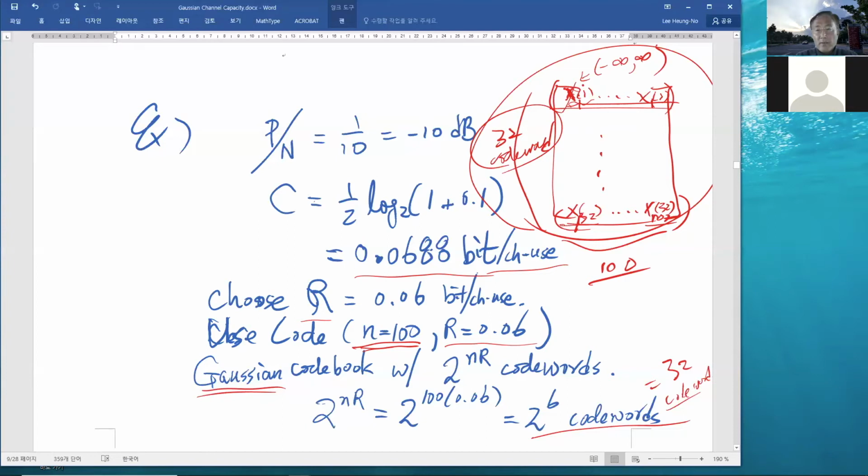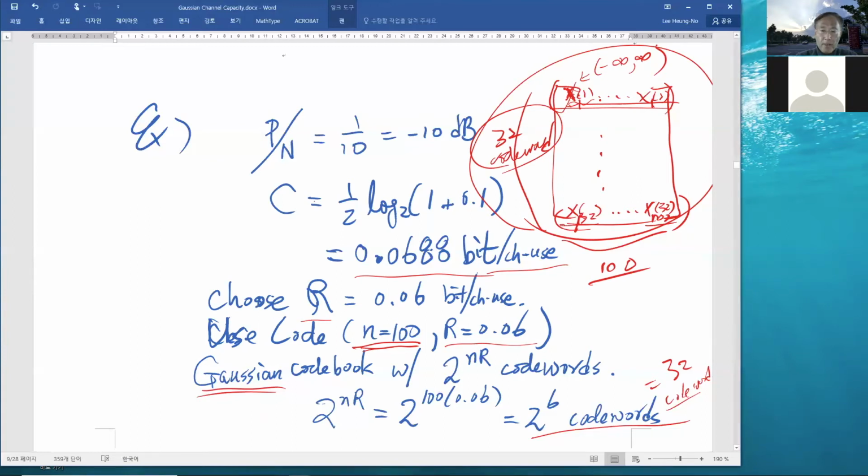You select these code words randomly, by selecting each element from the Gaussian distribution. So that's the random codebook. Why do you have to use a random codebook? If you use a random codebook, the forward proof will be very simple.